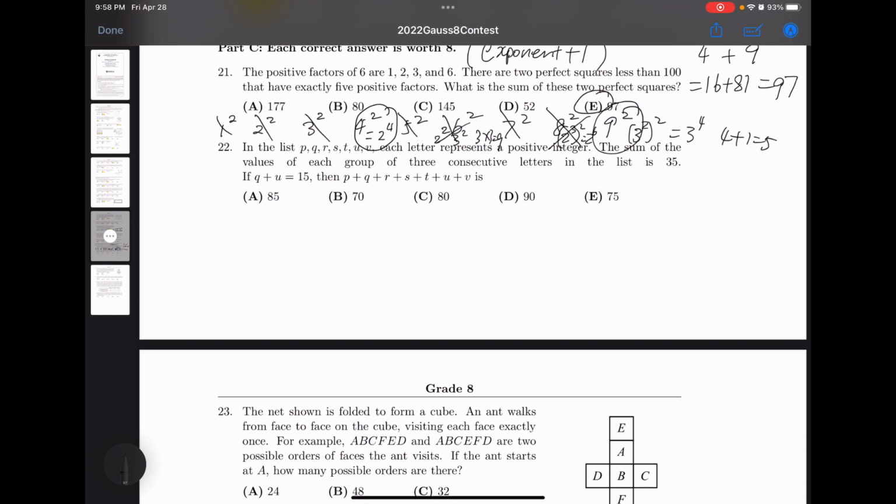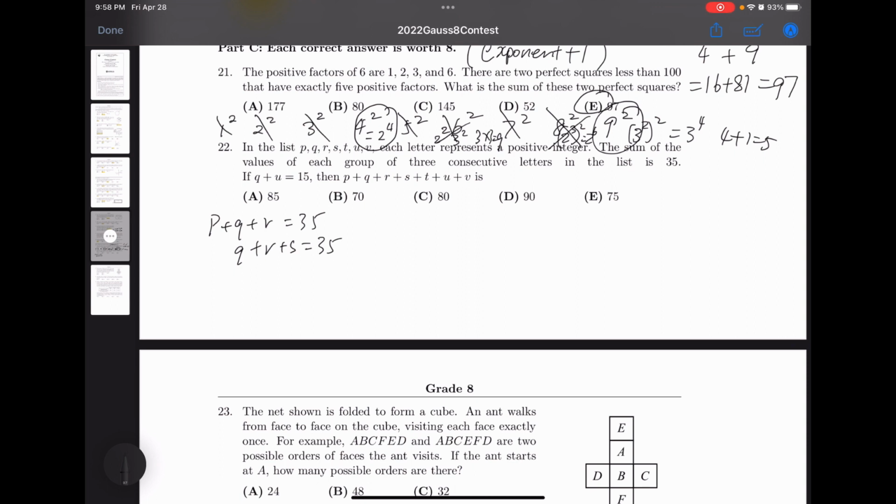Since each group of 3 consecutive numbers sums to 35, we can write the equations P plus Q plus R equals 35, and Q plus R plus S equals 35.